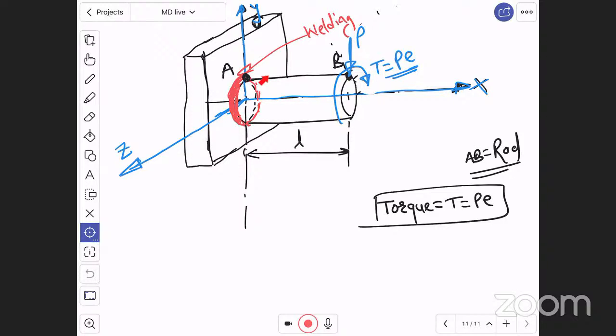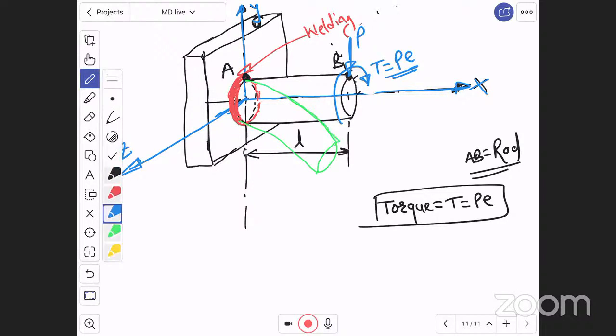Correct or wrong? P into L is acting as another moment which is trying to bend the rod like this. And if the rod gets bent, this P into L is the moment, which is named M, which is P into L.